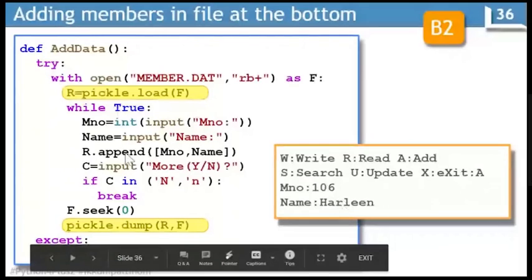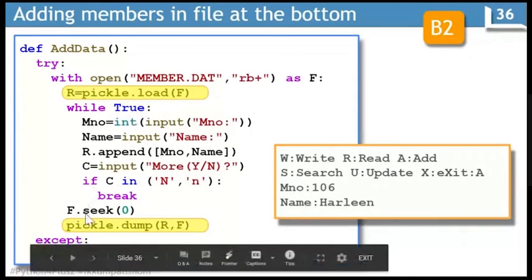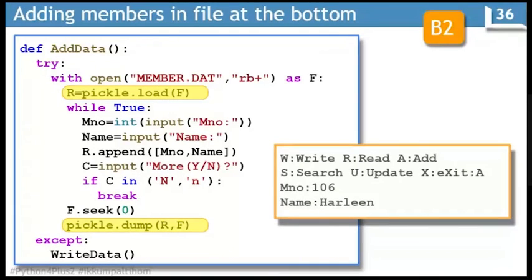Once this entire list is ready and your loop is over, you move the file cursor back to the beginning of the file, and then you dump the new content in the file. That means earlier, before this function, we had two lists within a list. Now, after this function, we'll have three lists within a bigger list.